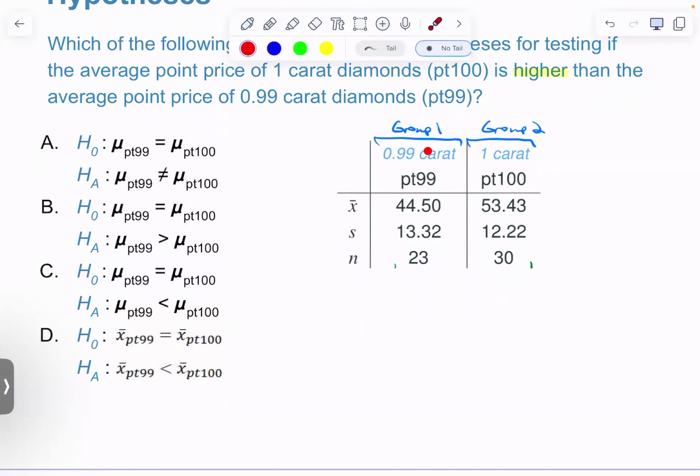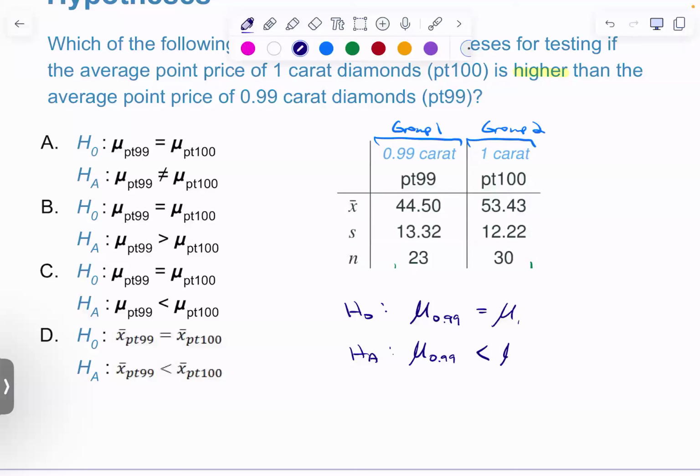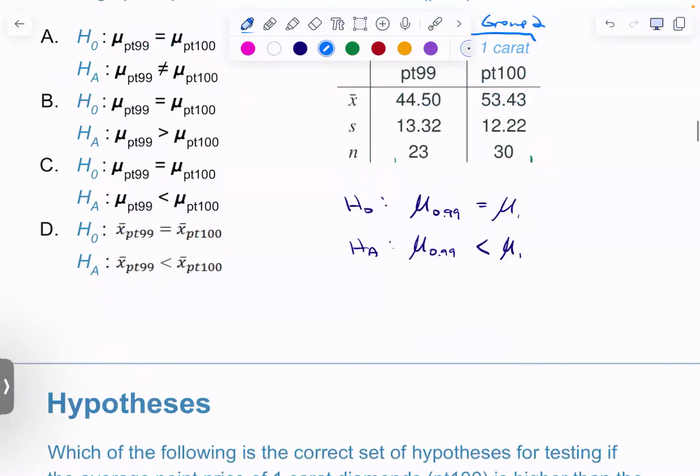But matching this order, group 1, group 2, my null hypothesis is that mu of 0.99 is equal to mu1. And if I want to know if mu1 is higher than mu of 0.99, then I have mu 0.99 is less than mu1, which means it's a one-sided test.